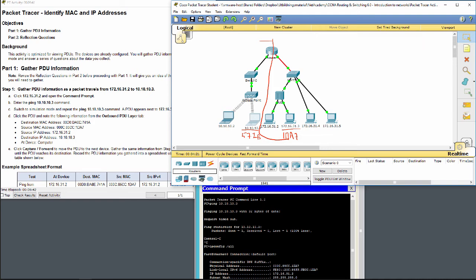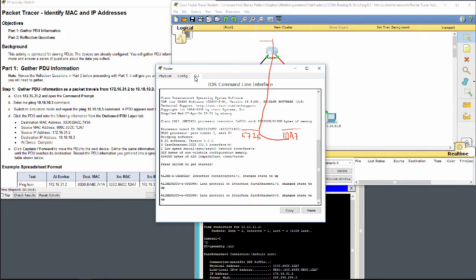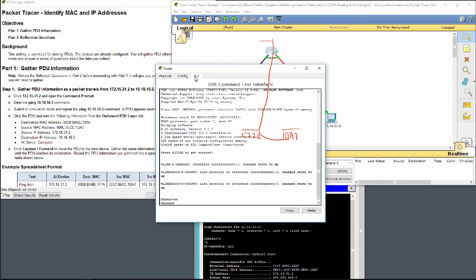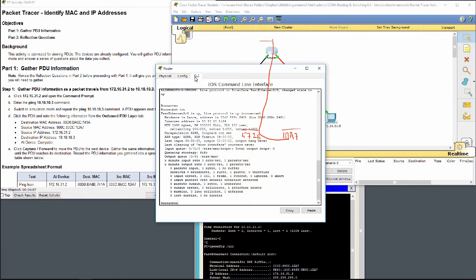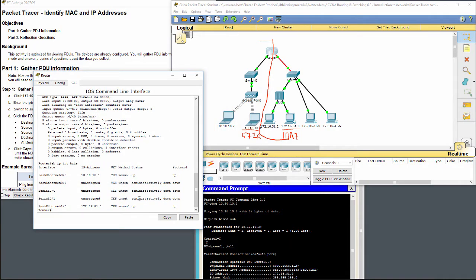And the router. Let's have a look at the router as well, just to see what happens before we start doing the pings, and look at the configuration. In the CLI, first of all, show ip int brief. We have an interface 172.16.31.1.